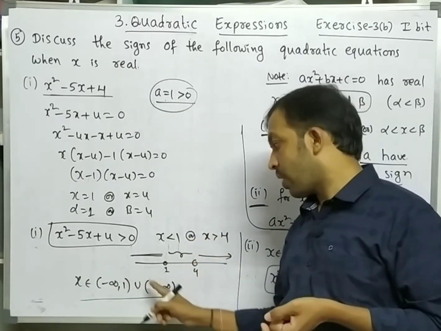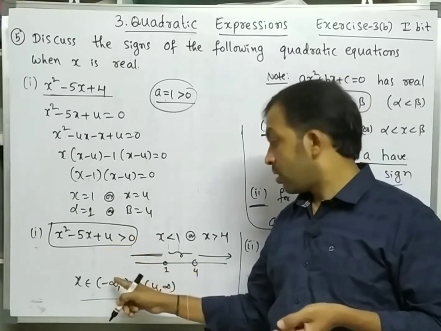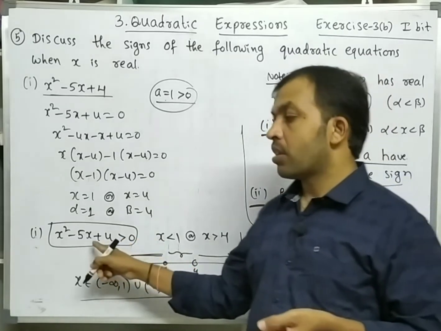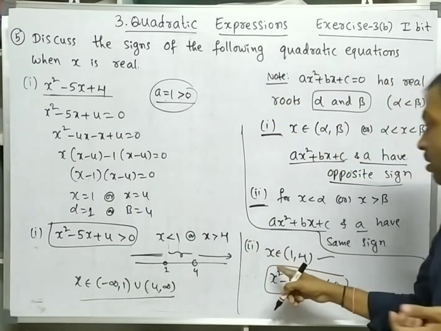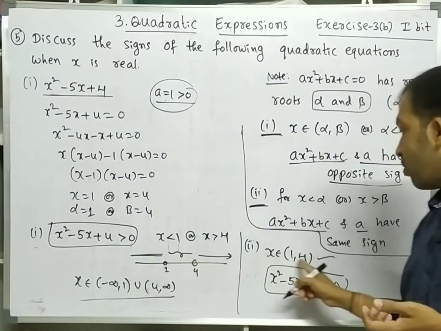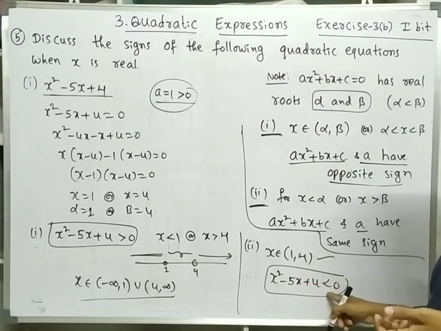For these values the quadratic expression is positive, and for the values lying between 1 and 4, the quadratic expression gives negative.